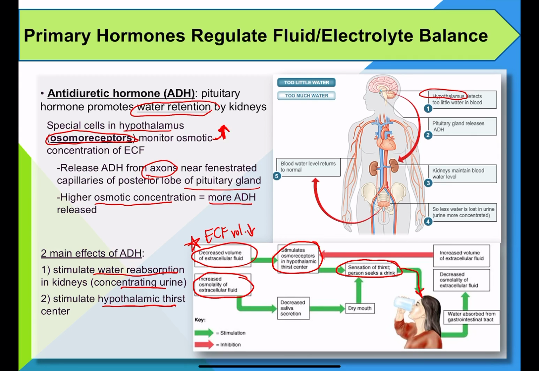And once water is reabsorbed through your gastrointestinal tract, whether through your small intestines or your large intestine, that will decrease the osmolarity of your ECF back, and increase volume of your ECF back. Then once it's back to homeostasis, it's going to inhibit your osmoreceptors and tell it, hey, we have enough water, you can stop stimulating that thirst center now because now we're replenished with water.